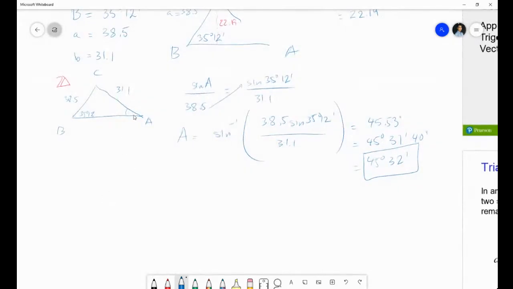Now, once we find A, we can find angle C very easily. So take 180 minus 45.32 minus 35.12 and see what we get here.